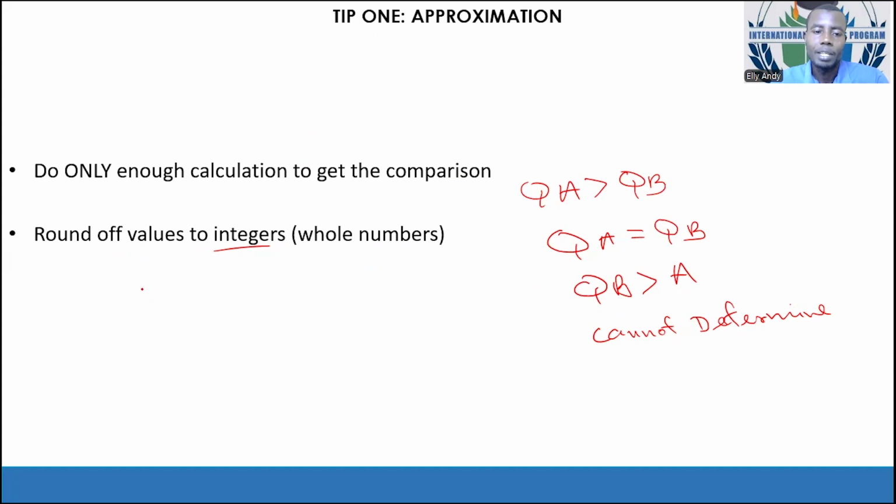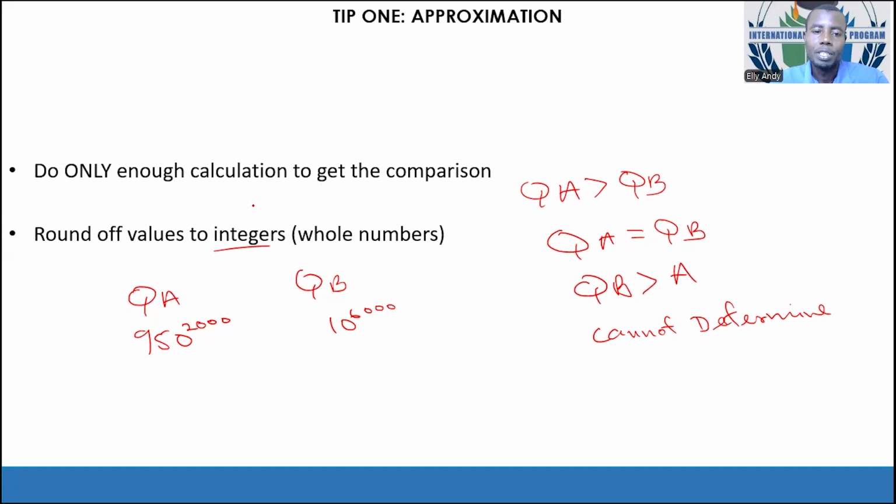For example, say you want to compare quantity A, which is 950 raised to power 2000, and quantity B, which is 10 raised to power 6000. So if you want to compare these two quantities, you can see that 950 raised to power 2000 is kind of an ugly or complex looking figure.